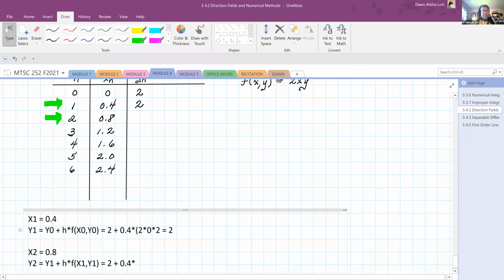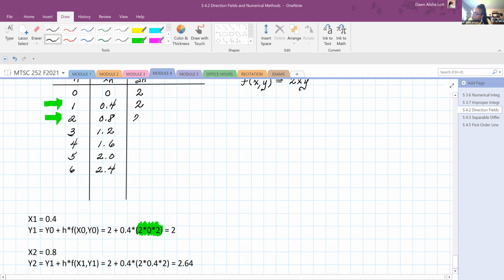This part right here was f of x0, y0. Now I'm going to add f of x1, y1. So f of x1, y1 is 2 times x1, which is 0.4, times y1, which is 2. So I get 2.64. I have now found what this part here was, f of x1, y1.